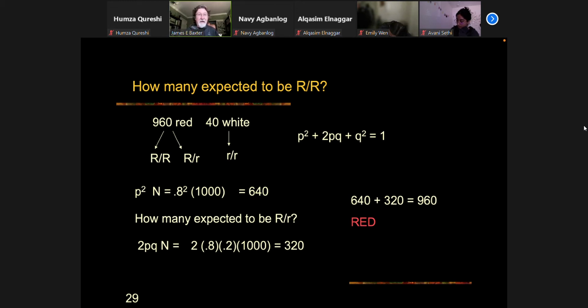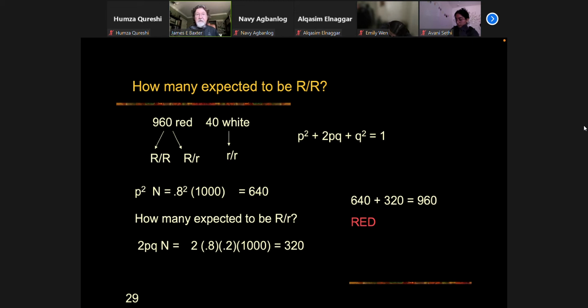Locate the homozygous recessives, take the number of the homozygous recessives, divide by the sample size, and you have q squared. Always have to go through the homozygous recessives, never through anything else. Take the square root of that, that gives you q.